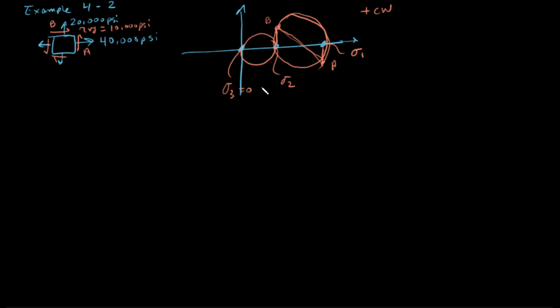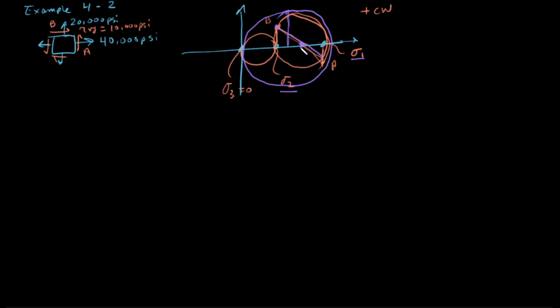Okay, so what that means is I actually have a third circle here that is the envelope of that state of stress, and it has this radius here that is the max in-plane stress. So I can find my principal stresses here, sigma 1 and sigma 2, using this Mohr's circle.